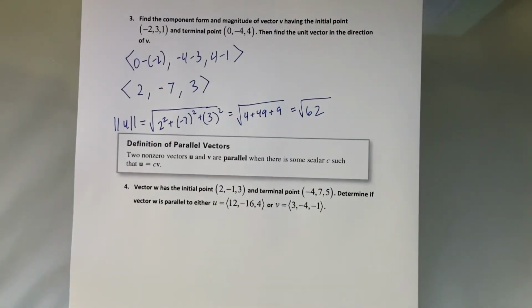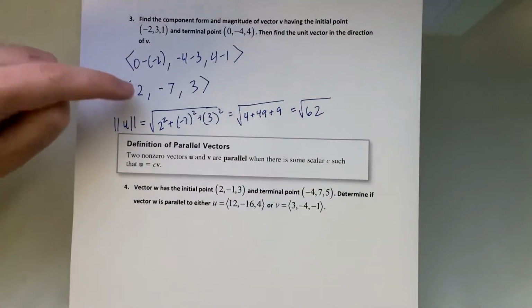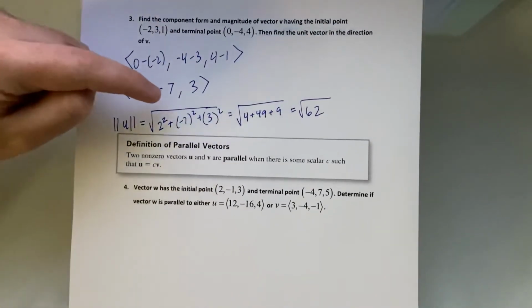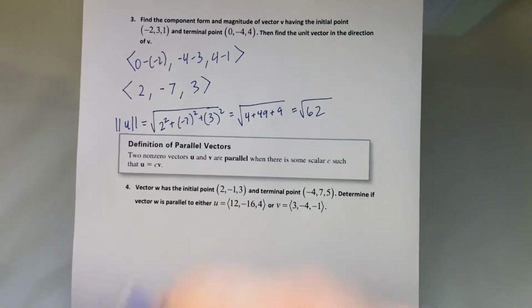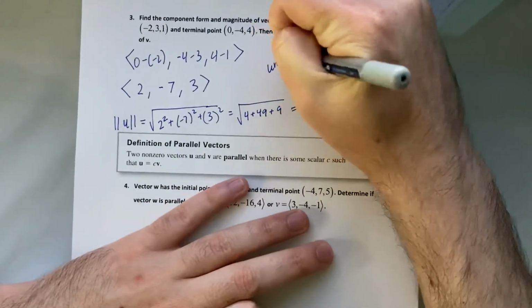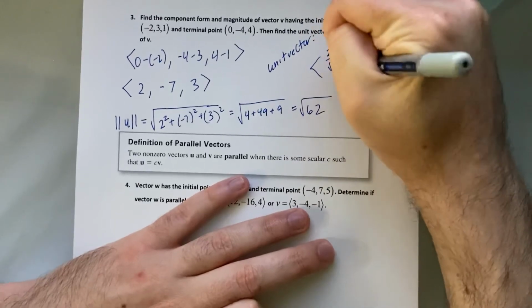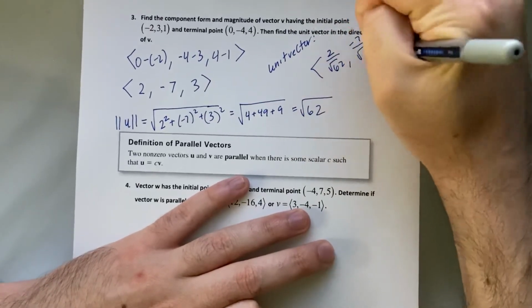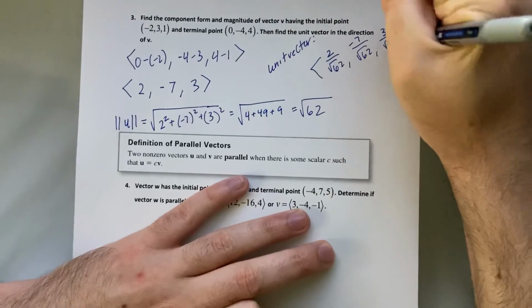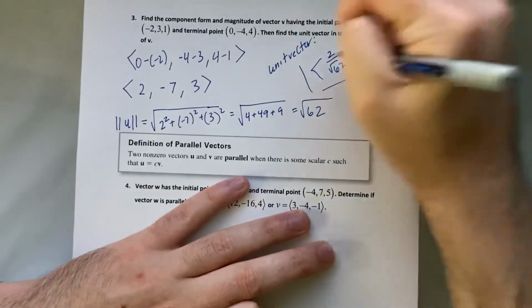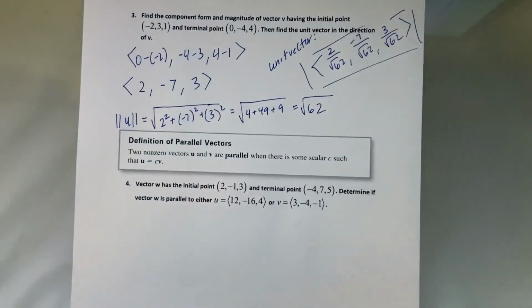Now to find the unit vector, we just take this vector and divide each term by the length. The unit vector is just 2 over the square root of 62, -7 over the square root of 62, 3 over the square root of 62. So again, the concept is not hard to extend into 3 dimensions.